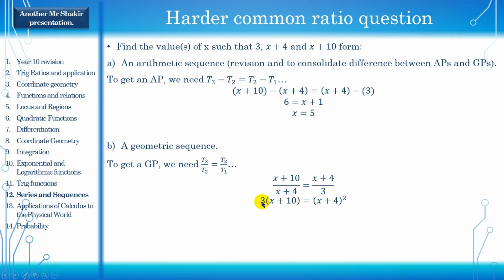Cross multiply, you get that 3x plus 30 is equal to x squared plus 8x plus 16. Collect like terms, factorize, and it has two different answers, x is equal to 2 or x is equal to negative 7. Either of these two values will make sure that these three numbers give a geometric progression.